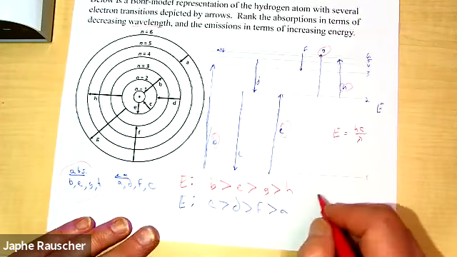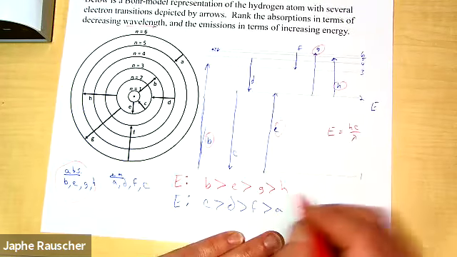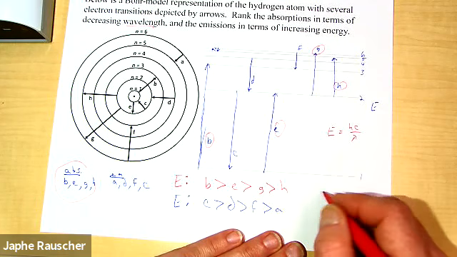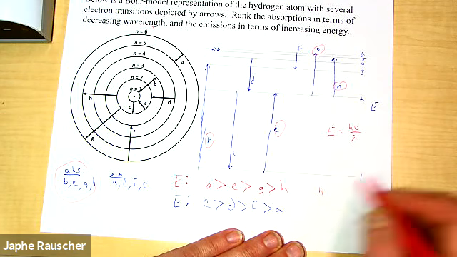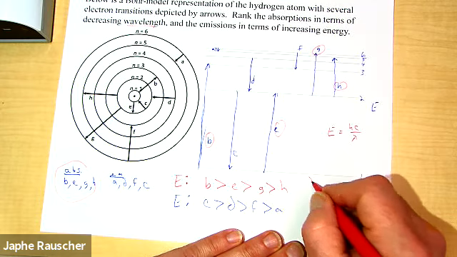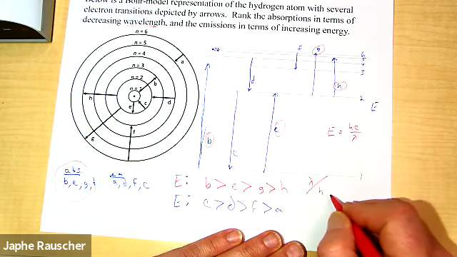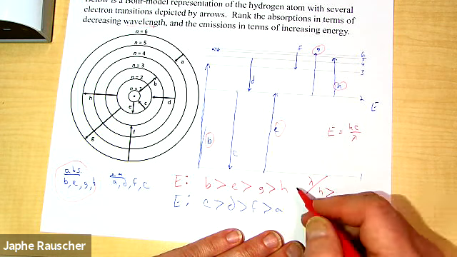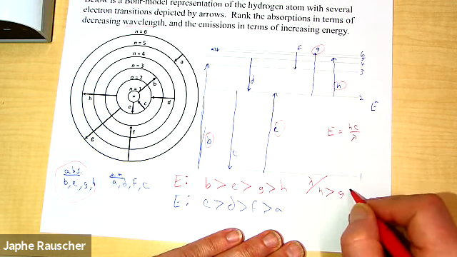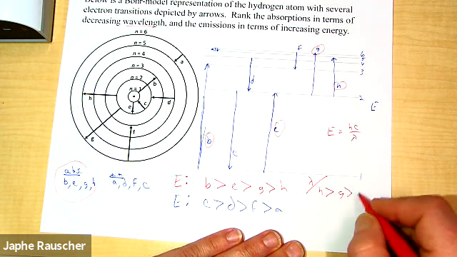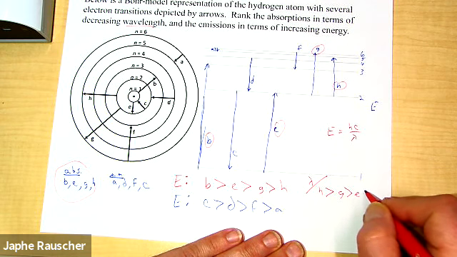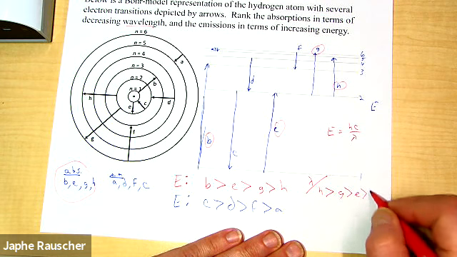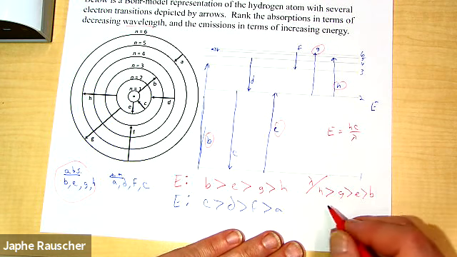For decreasing wavelength, we start with H as the largest wavelength, then G a little bit smaller, E a little bit smaller than G, and B the smallest wavelength.